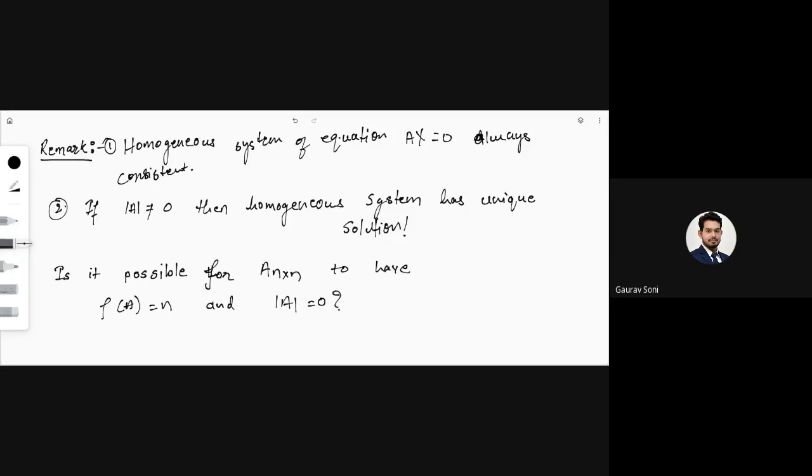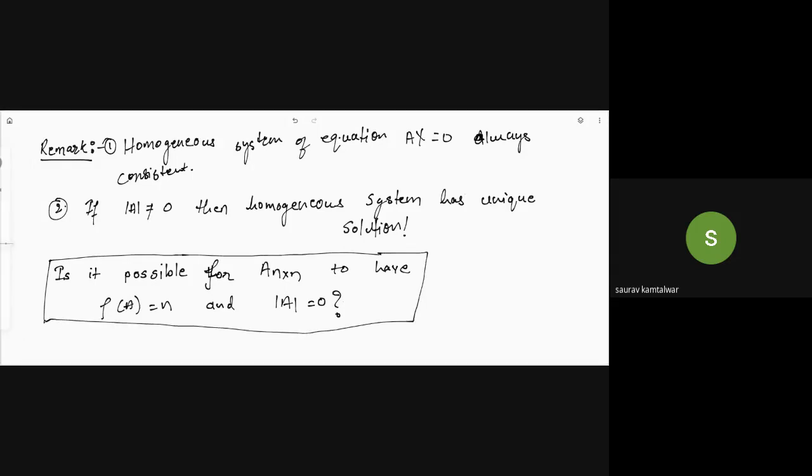Sir, it can be possible because, for example, the matrix 1, minus 1, minus 1; 1, 1, 1; and minus 1, 1, 1. The determinant is coming out to be 0.